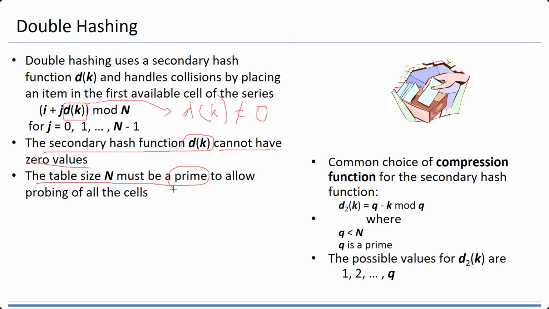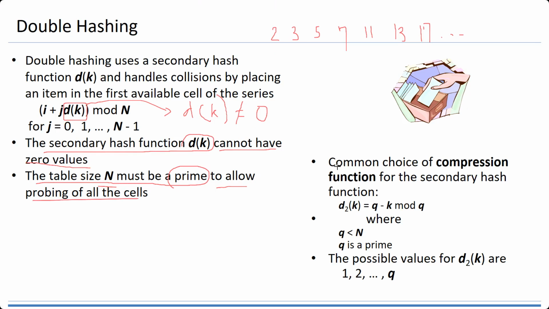Prime means any number that can be divided only by 1 and itself: 2, 3, 5, 7, 11, 13, 17, and so on. Those are the prime numbers. The table size must be a prime to allow probing of all the cells.